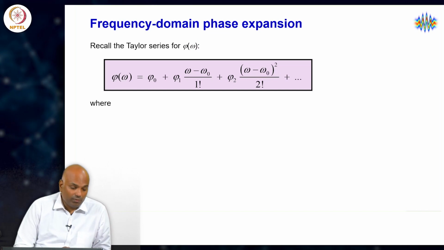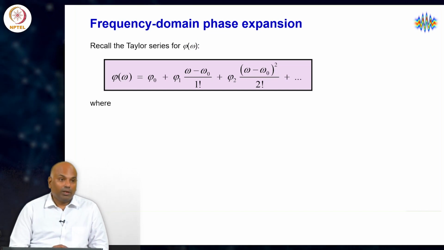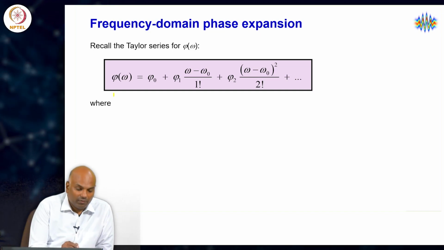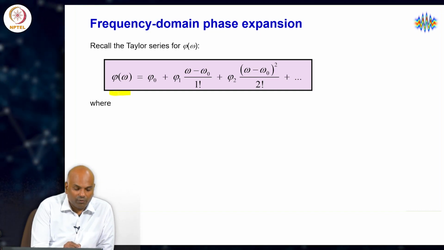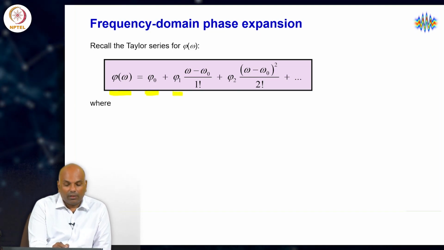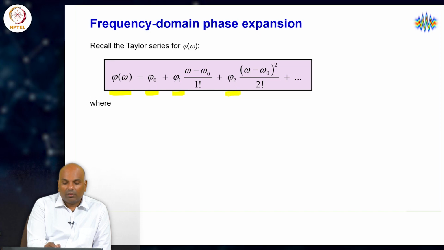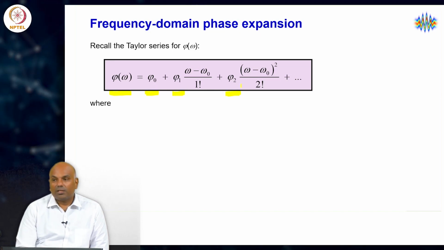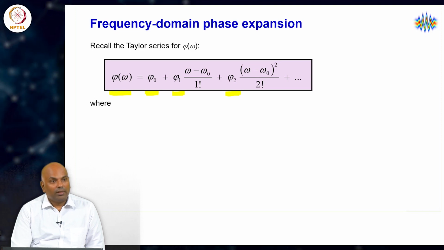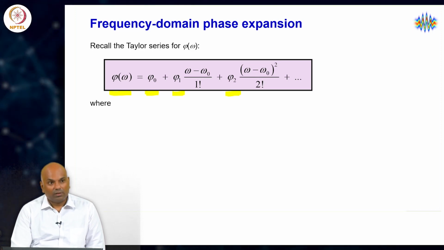Now, once again, what are we doing? Let us just recall that all we are examining are the following. We have the spectral phase function phi of omega. We have expanded it and we have dwelt upon the first three terms, the zeroth order, the first and second order terms in the Taylor expansion of the spectral phase.